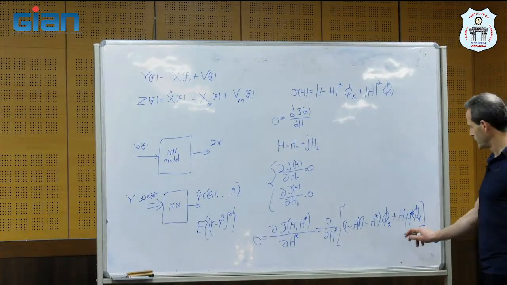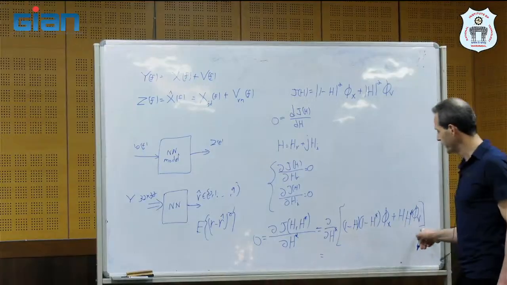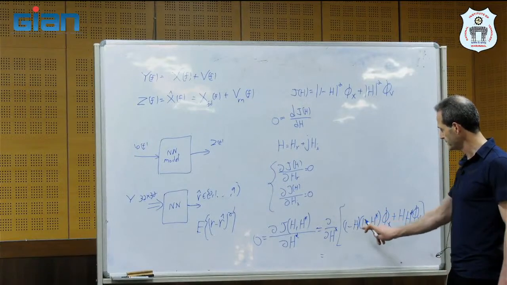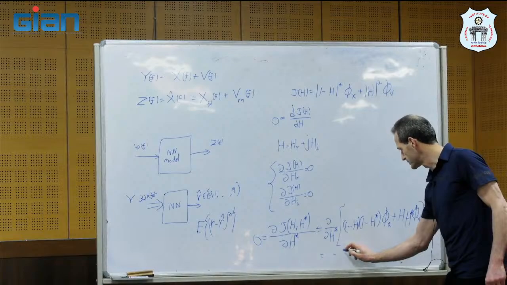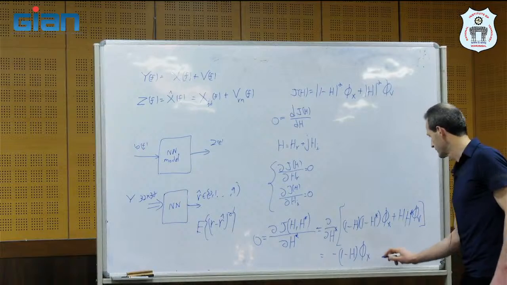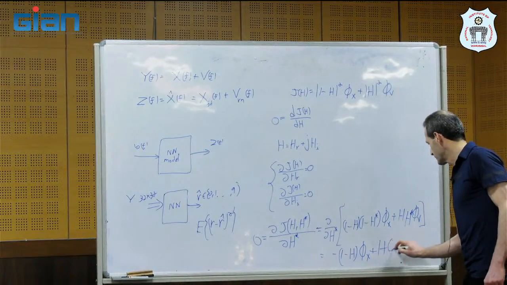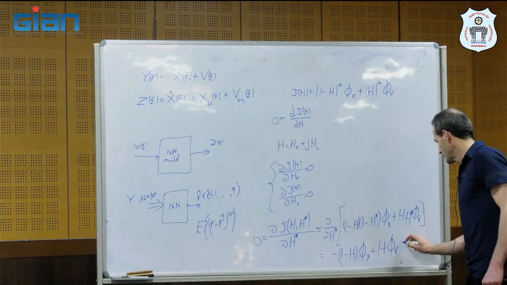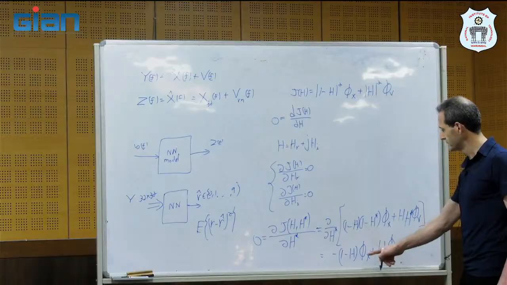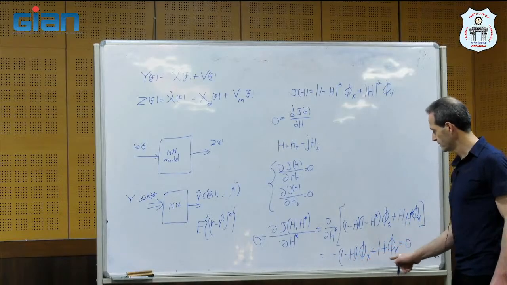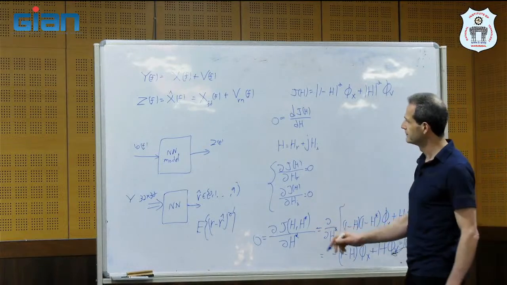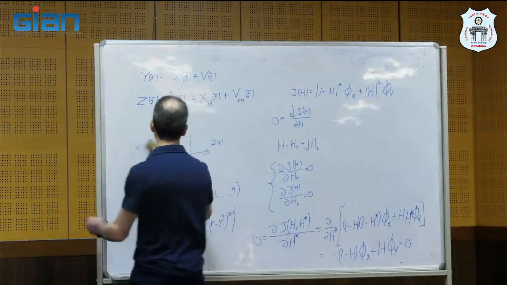Okay? So I assume that h and h complex conjugate are independent. So I have minus (1 minus h) phi x plus h phi v equal to 0. From here, I get what h is.